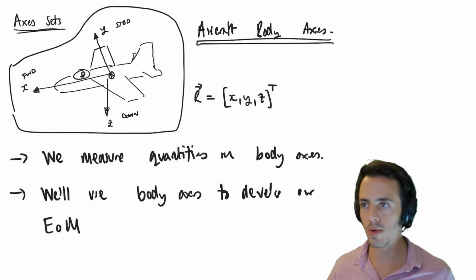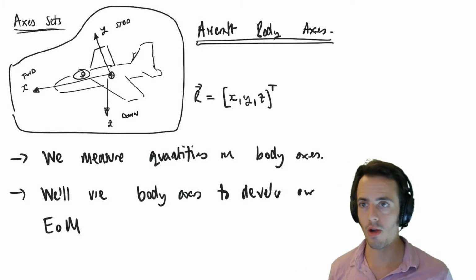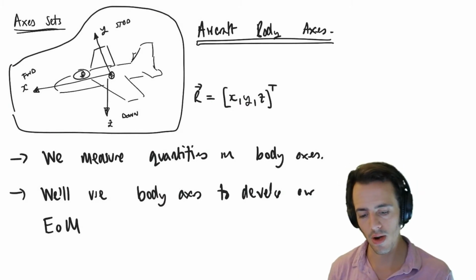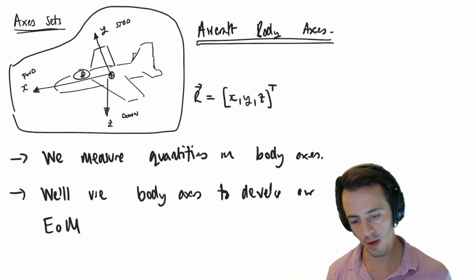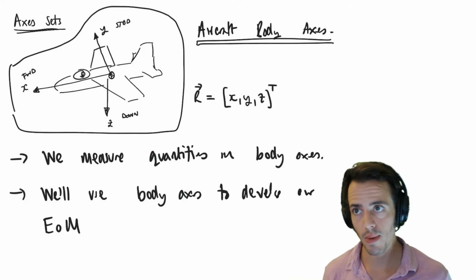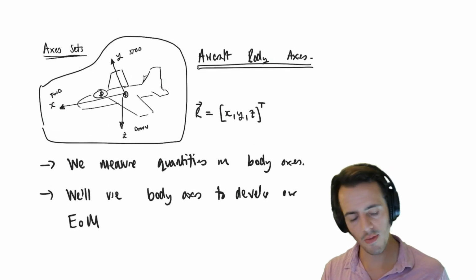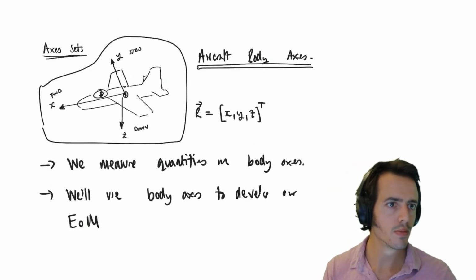Okay, and it's handy that we use body axes to develop our equations of motion because we don't have subscripts denoting which axis set we're in. It's probably more the other way around. We don't have the subscript on body axes because we use them to develop everything. This is our aircraft body axes and we're going to be using them.